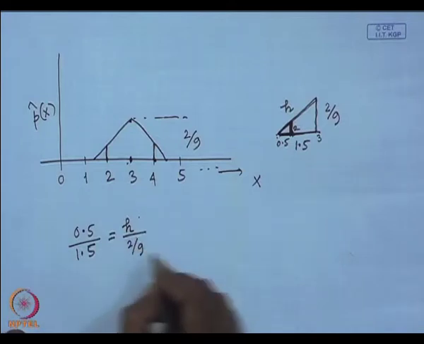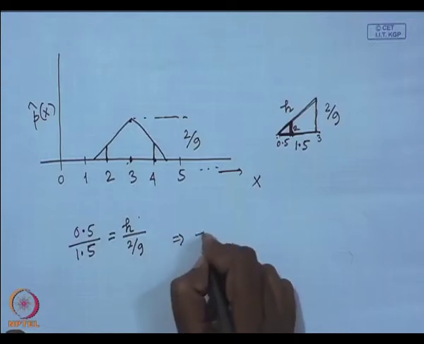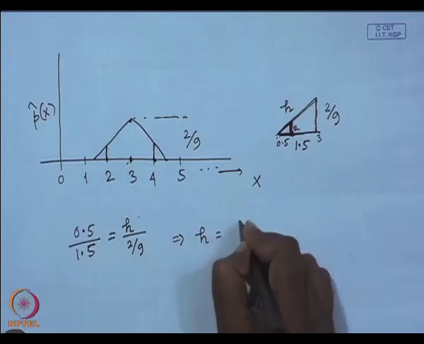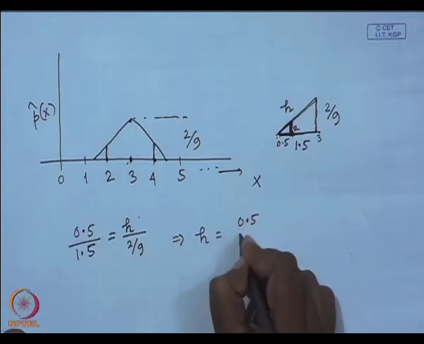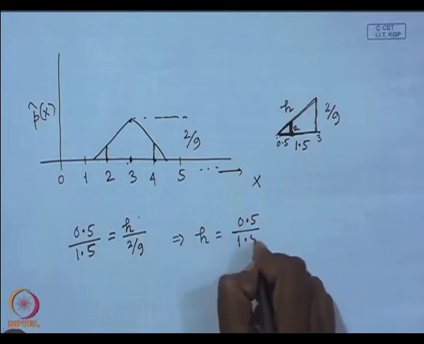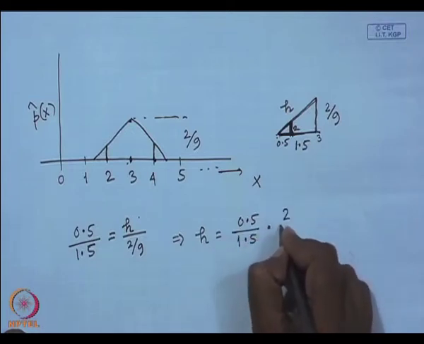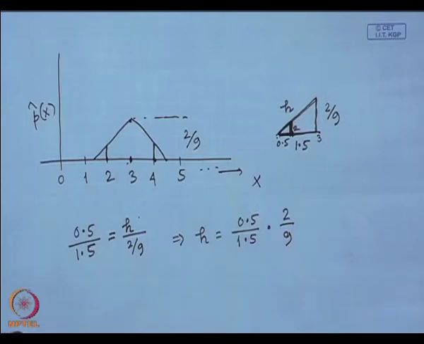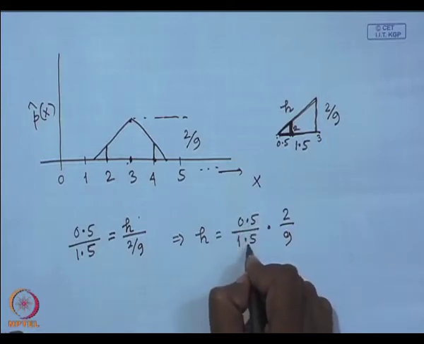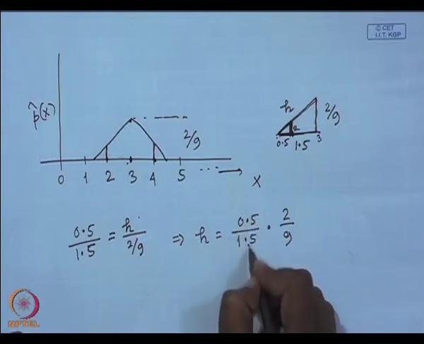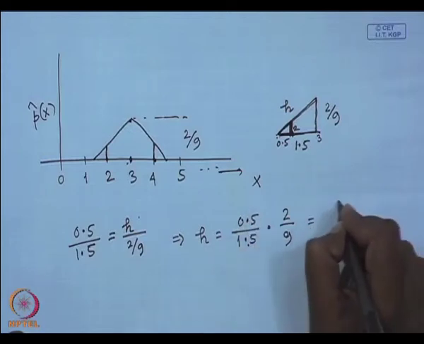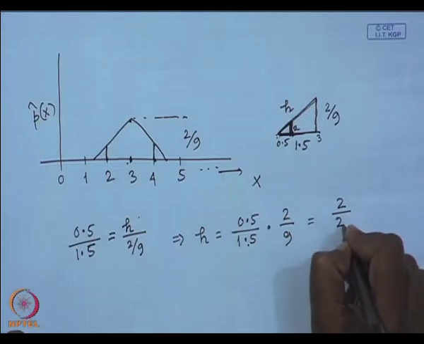So, I can immediately compute that h will be equal to 0.5 upon 1.5 into 2 by 9, and 0.5 upon 1.5 is nothing but 1/3. So, this will be equal to 2 by 27.